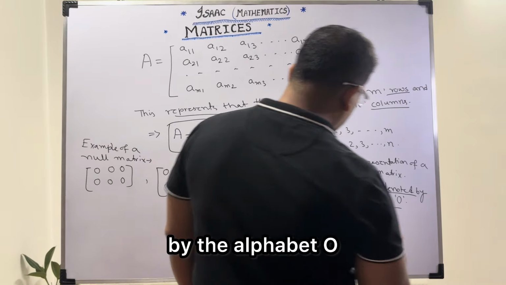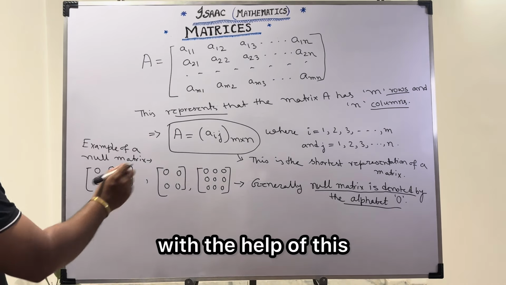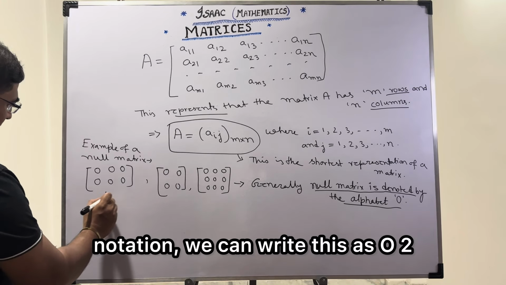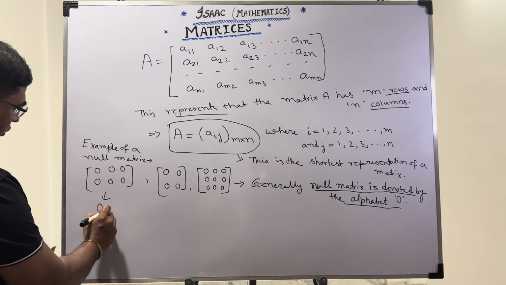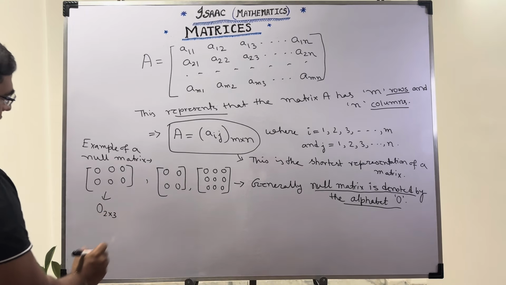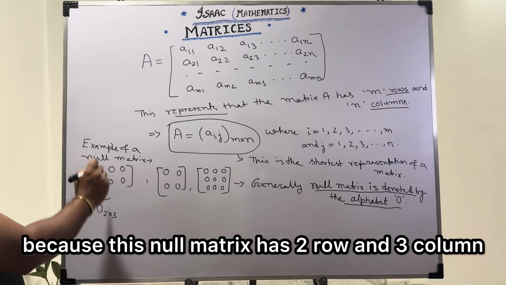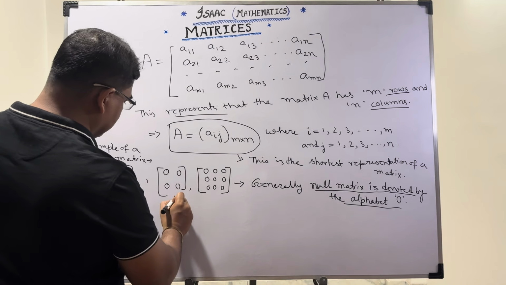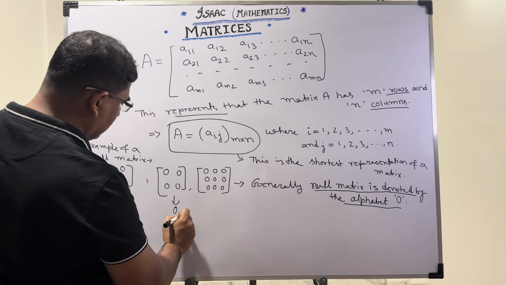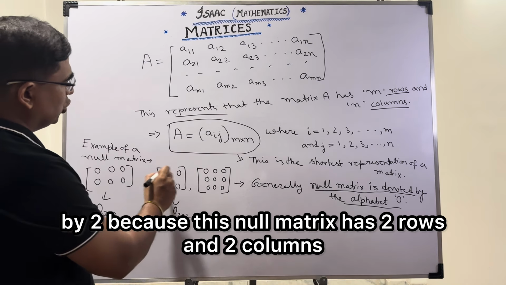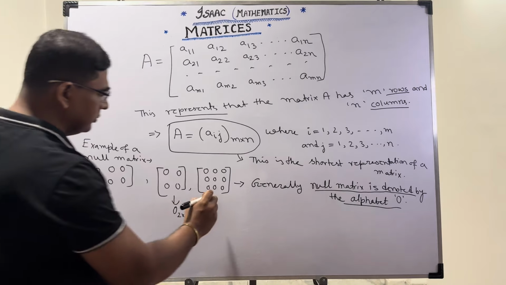With the help of this notation, we can write this as O 2 by 3, because this null matrix has 2 rows and 3 columns. This as O 2 by 2, because this null matrix has two rows and two columns.